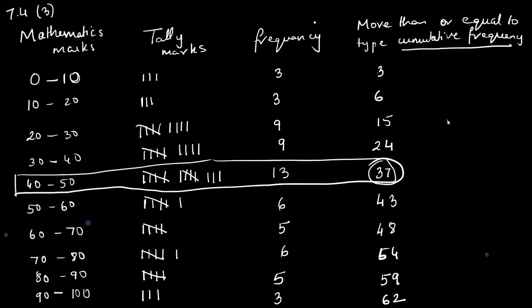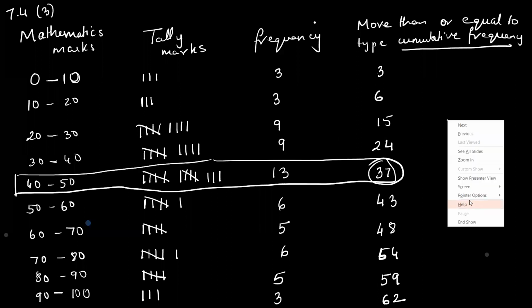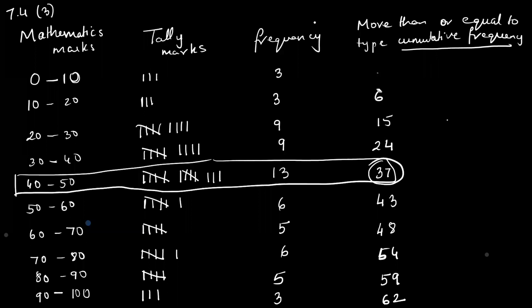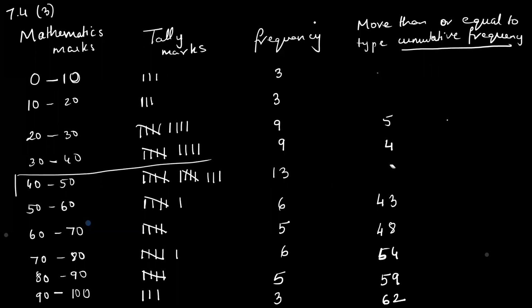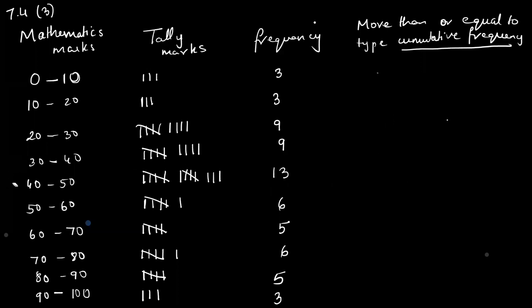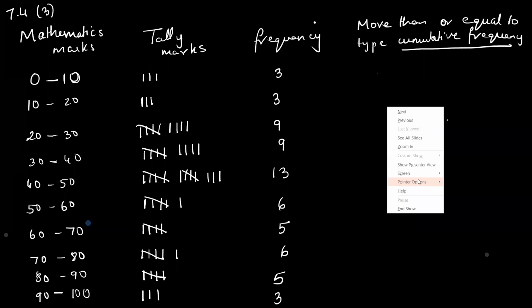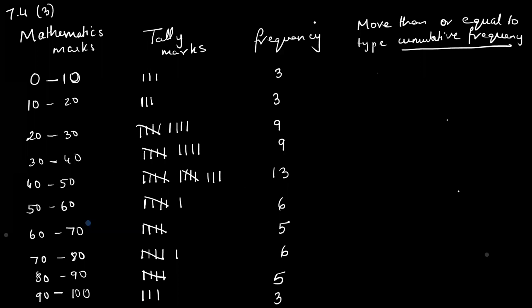Fine. So I'll just erase this last part and now find more than type. Now, less than type, we started from above with 3 and kept adding and went below.